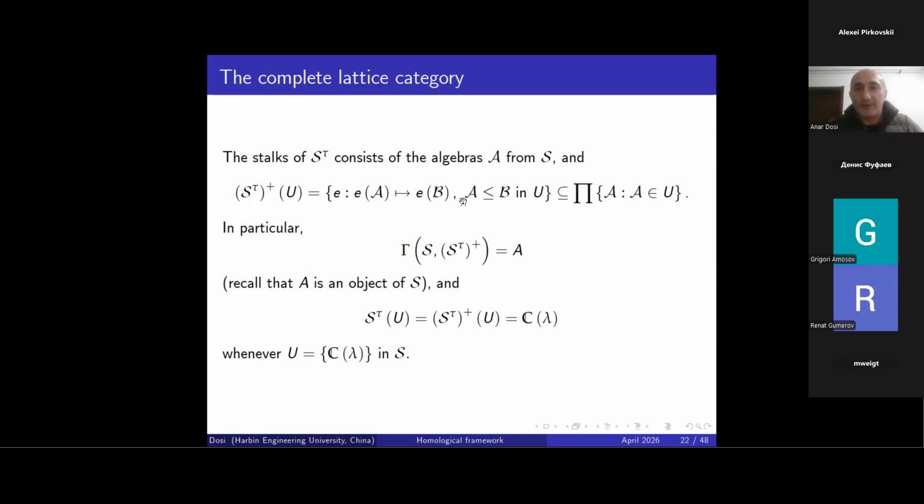We can look at the direct product over U and take the compatible families in the sense of morphisms from A to B. So global sections again, A. Well, if U is just a single point, trivial, then the stalk is just the trivial module, that's lambda. Okay.